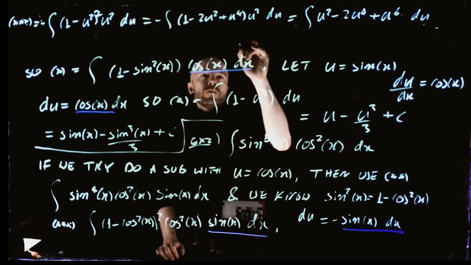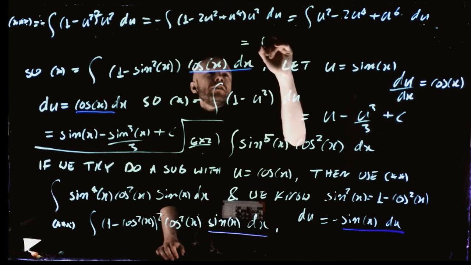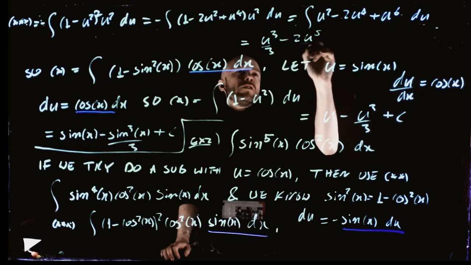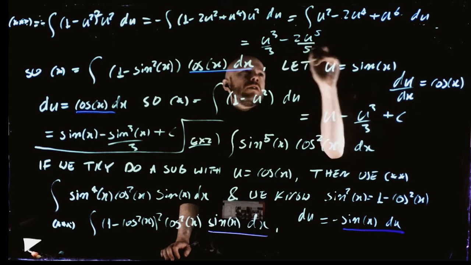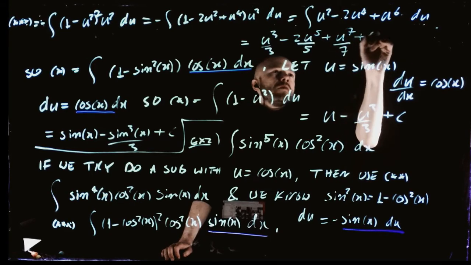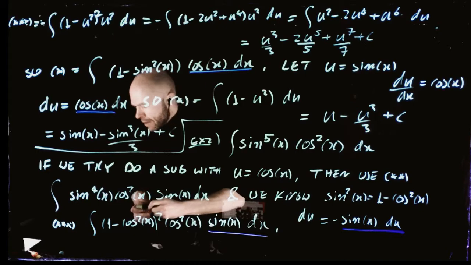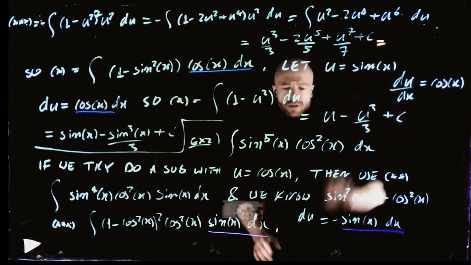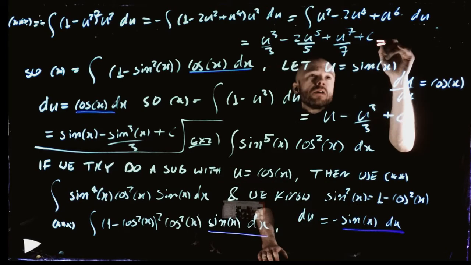I'm going to have to write small because I'm running out of space, and then this is going to be u to the 3 over 3 minus 2u to the 5 over 5 plus u to the 7 over 7 plus constant c. Then we put that back in x form using our sub, which was the cosine, right?